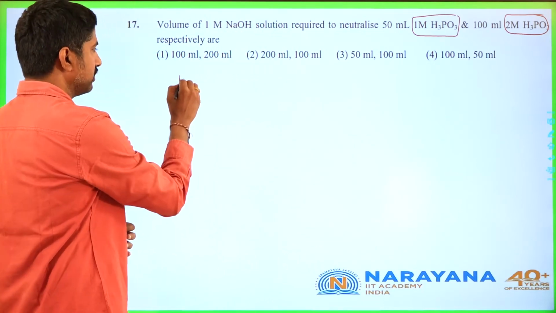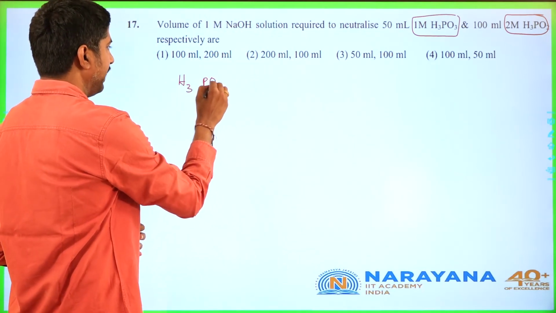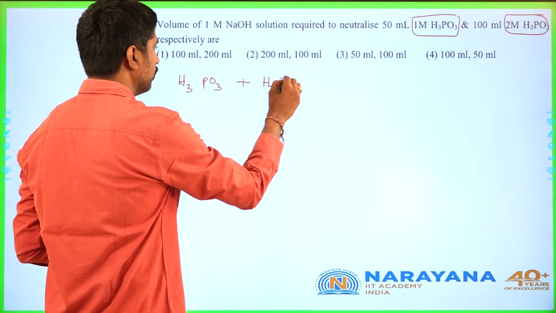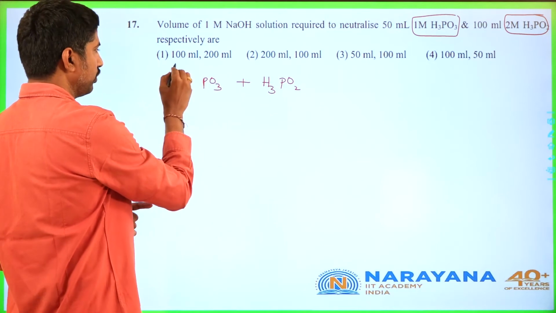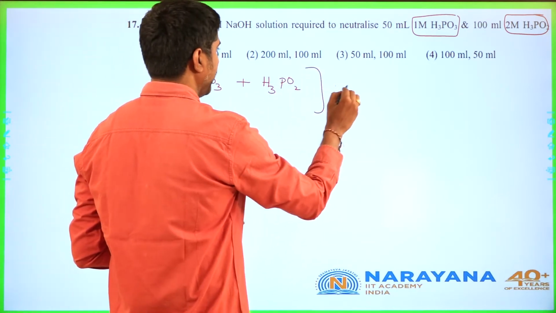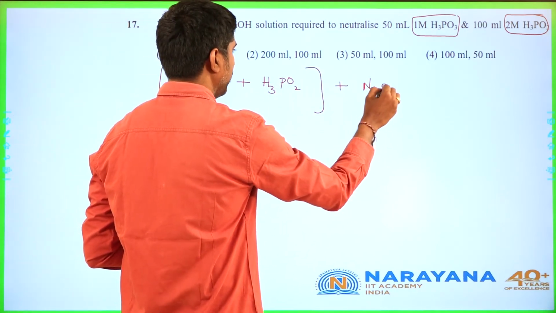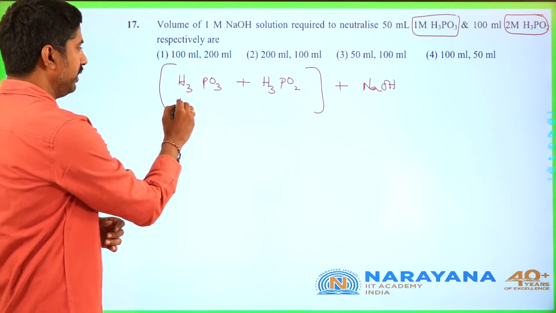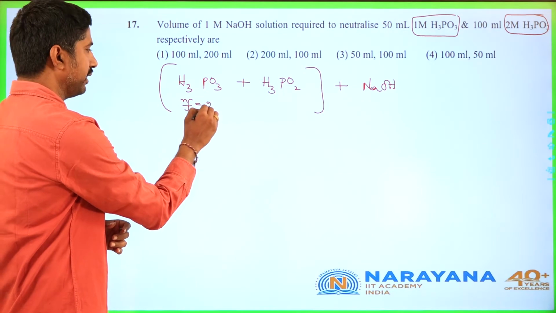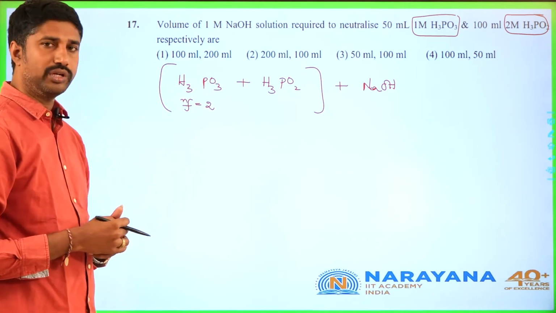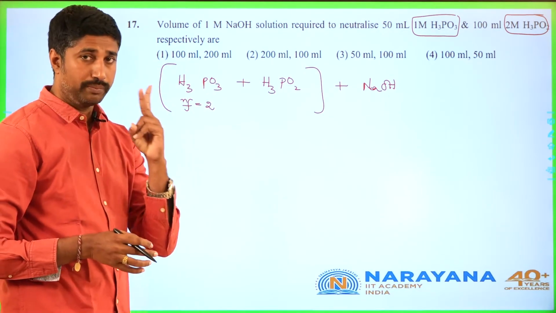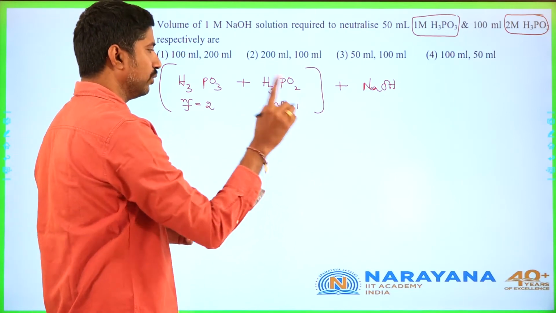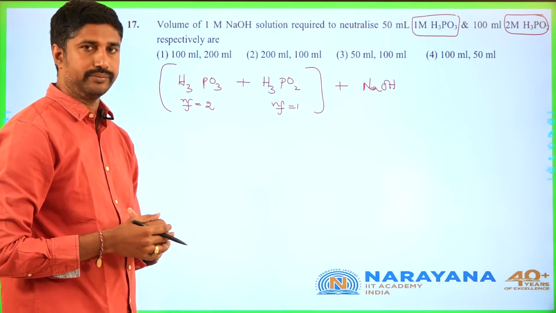We know that the H3PO3 and H3PO2 mixture is allowed to react with NaOH. The n-factor for complete reaction is 2 for H3PO3 because it contains only 2 replaceable hydrogens, whereas for H3PO2 there is only 1 replaceable hydrogen.